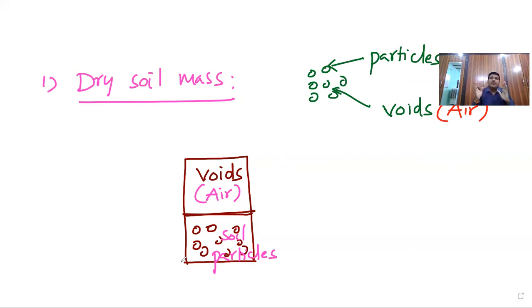Now, observe carefully. On the left side, I would like to keep the volumes associated with the soil mass, and on the right side, I would like to keep the weights associated.